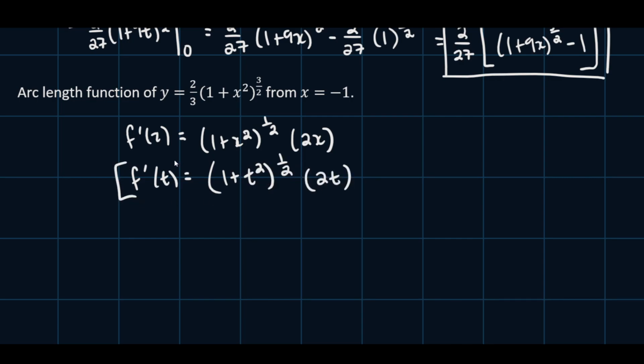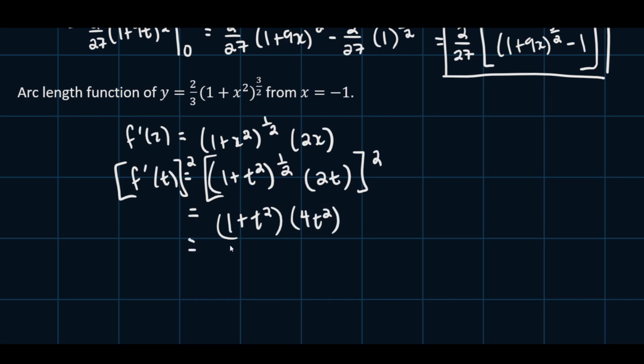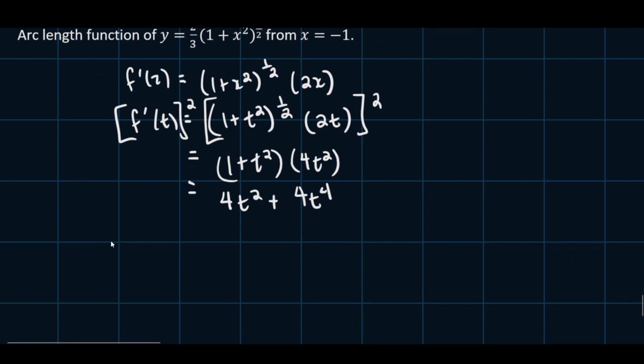And then, we square this. This again gives us 1 plus t squared times 4t squared, or 4t squared plus 4t to the 4th. So the arc length function is given by s of x equals the definite integral from starting point negative 1 to any point on the curve x, square root of 1 plus f prime of t squared.